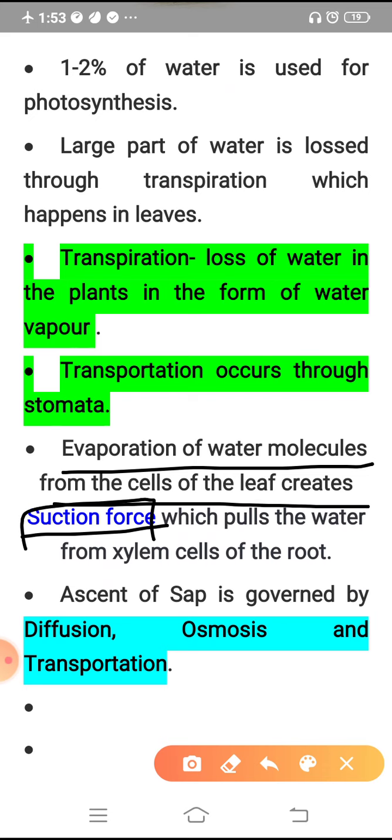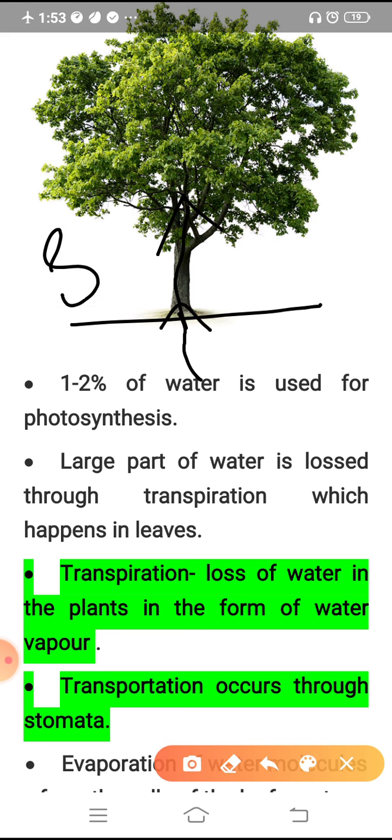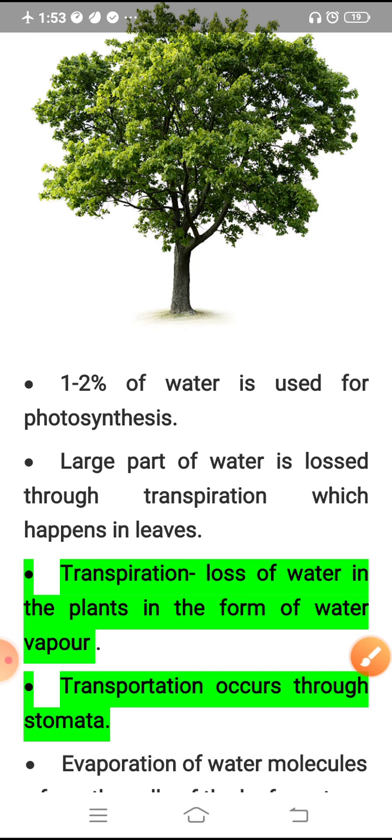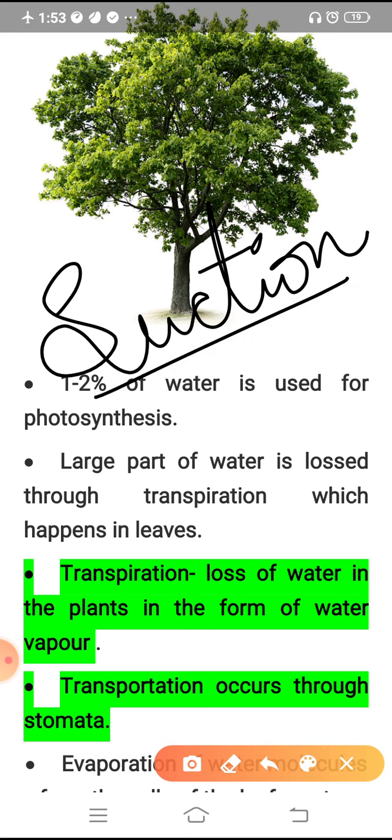Because of the suction force, it pulls the water from the xylem cells of the root. I mean, the roots of the plant or tree receive the water upwards because of the suction force. So this suction force is created in the cells.